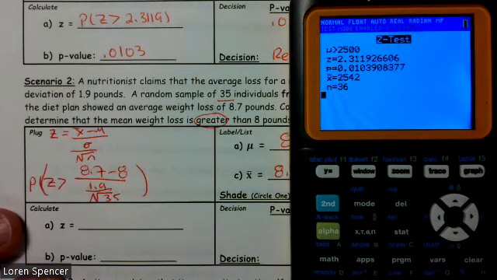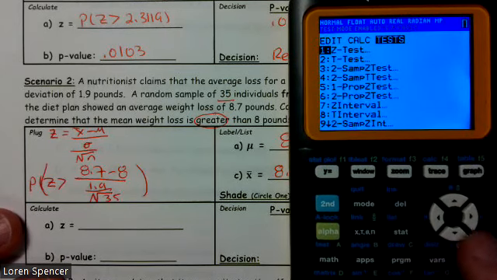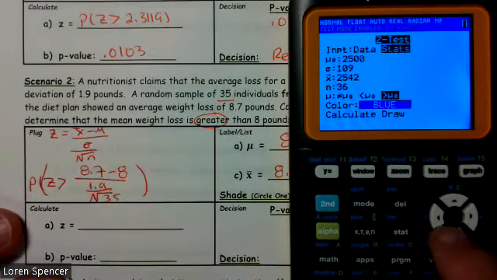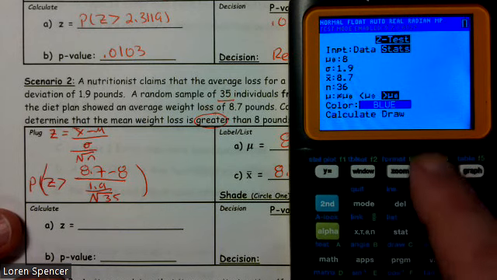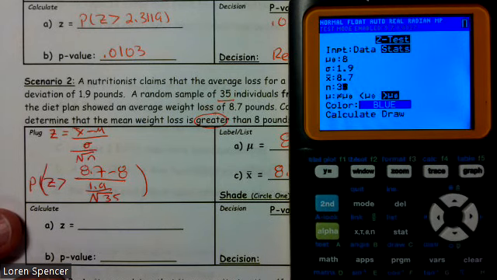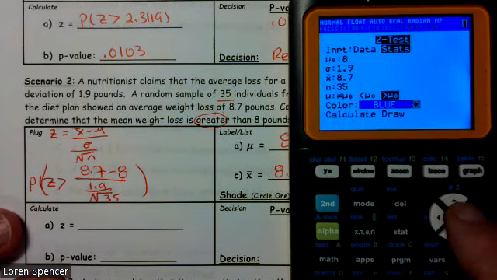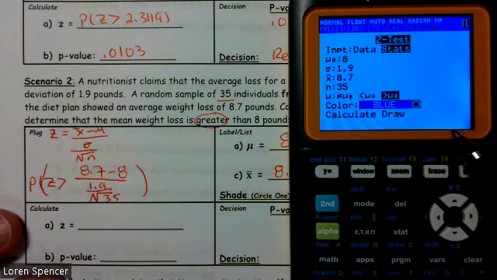So let's do that real quickly. Stat test, Z test, mean 8. Standard deviation is 1.9. X bar 8.7, sample size of 35. Once again, oops, not 36, 35. And once again, we need a greater than highlighted, which we have.